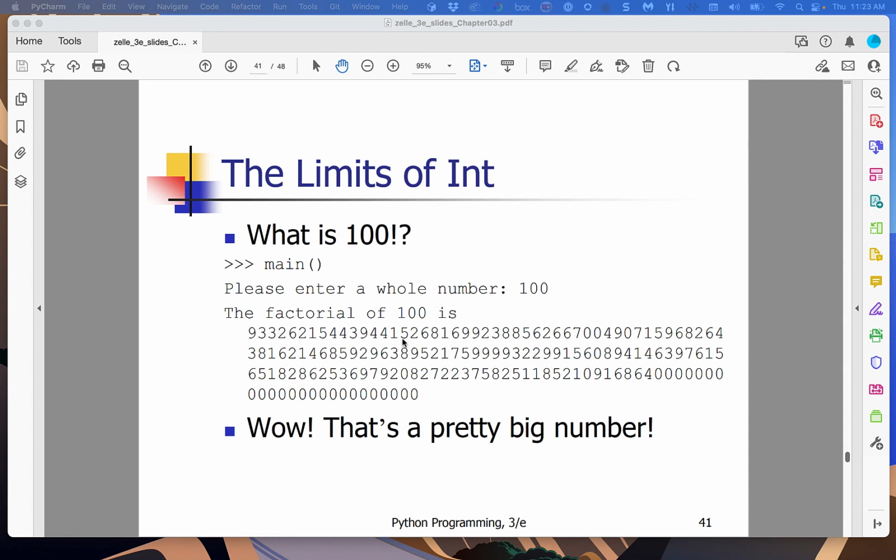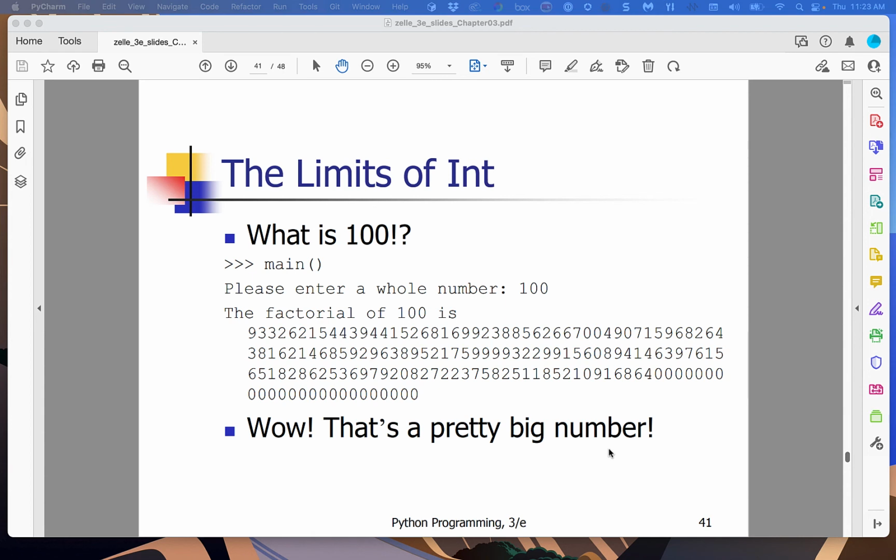And this is one of the ways he introduces the idea that the Python int type is not limited in its number of digits. The number of digits that a number has is, in computer science terms, called its precision, and the number of decimal digits is called its scale.